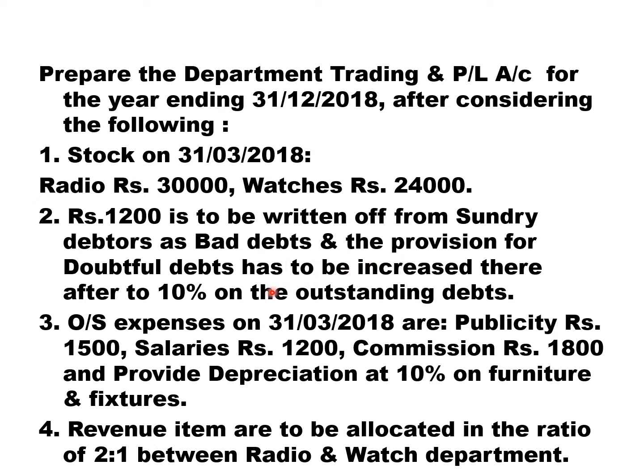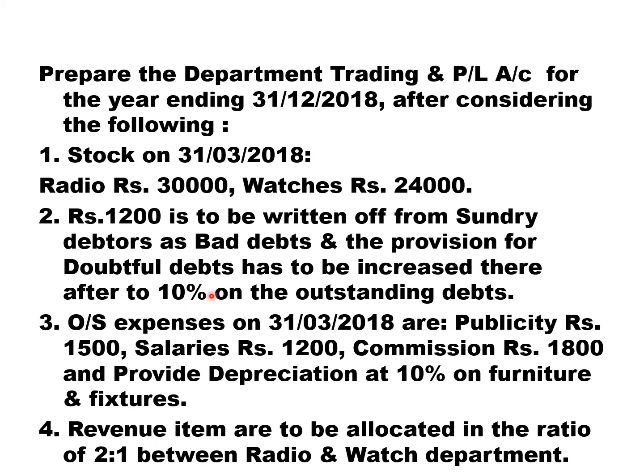And the provision for doubtful debts has to be increased thereafter to 10% on the outstanding debts. So adjustment number 2 has two entries, one bad debts, another RBD. Provision for doubtful debts can also be called reserve for bad debts, RBD. So we have bad debts 1,200 and RBD 10%.